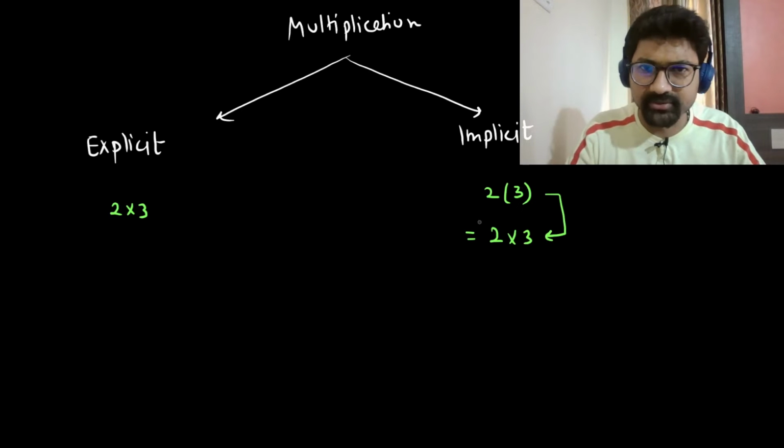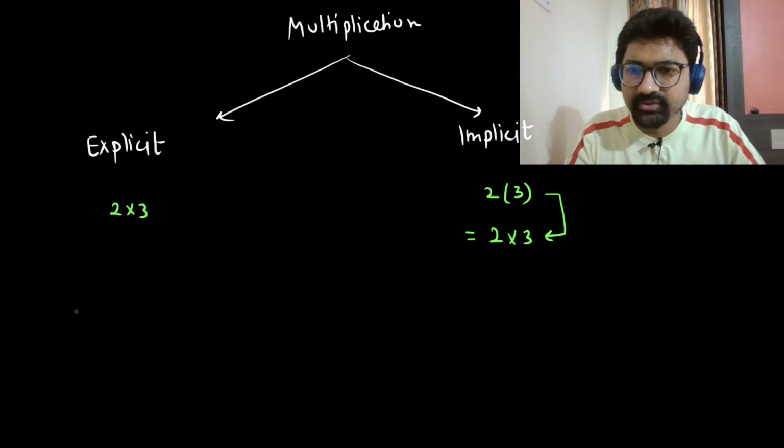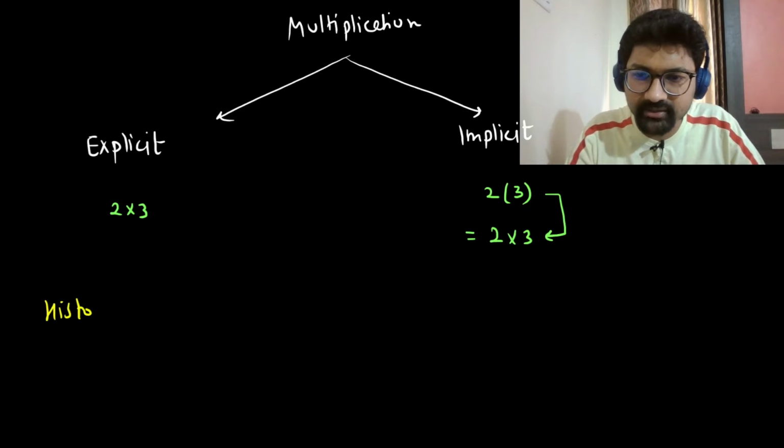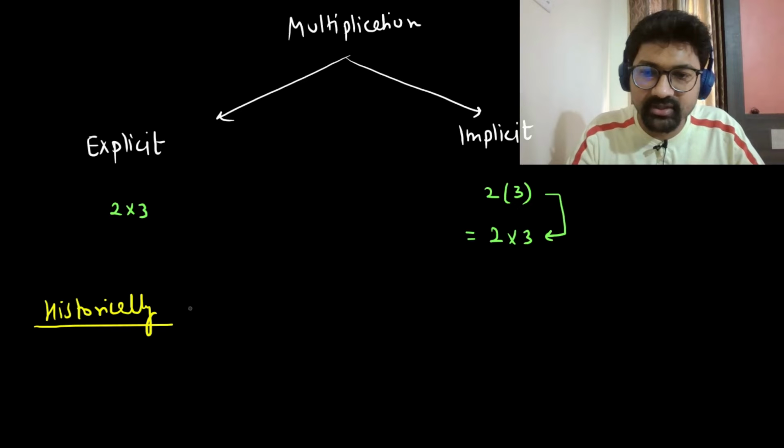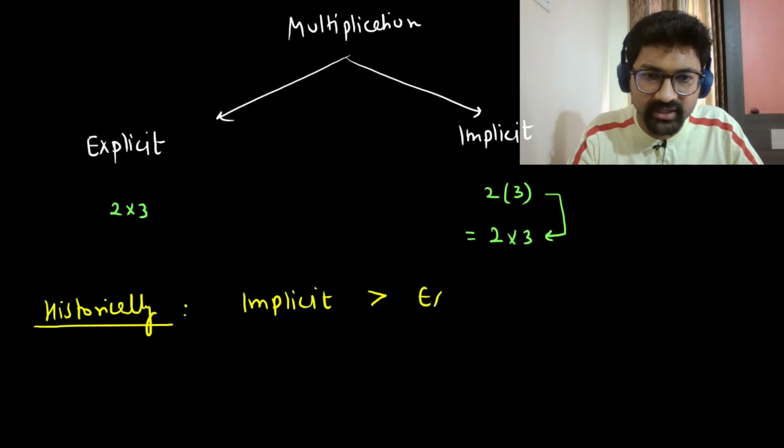So how does that help us? Now we have to go back to history. Historically, a couple of decades back, it was a convention that implicit multiplication had priority over explicit multiplication.